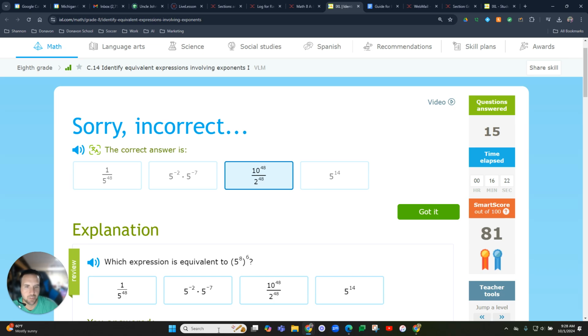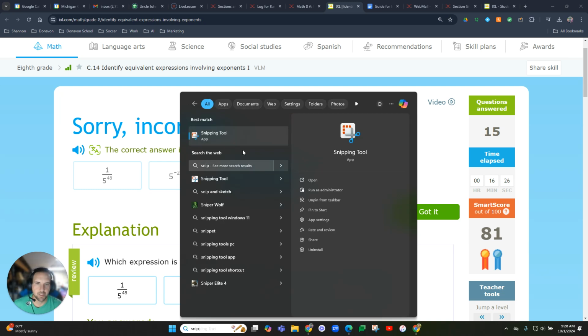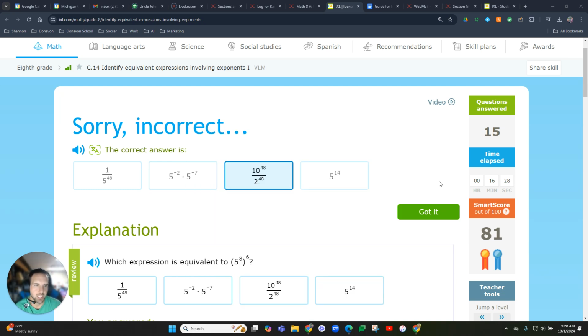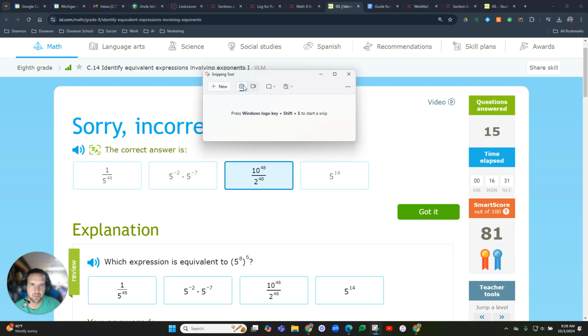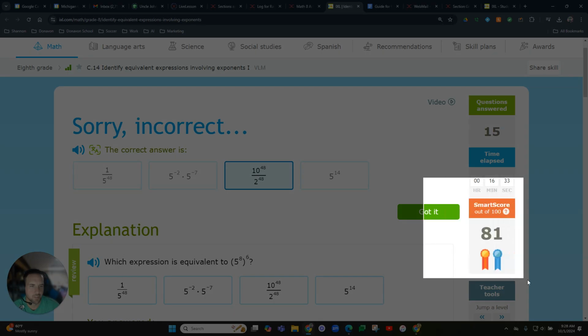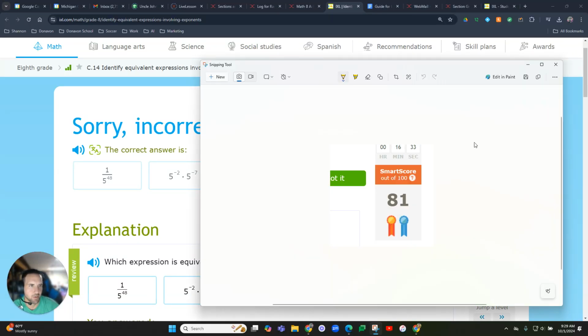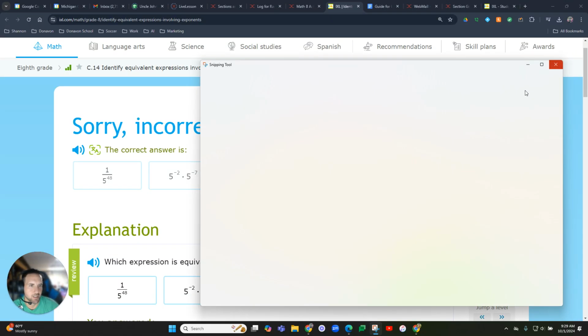I use the snipping tool. If you just type into the search "snip," it'll come up, and the snipping tool will allow you to take a picture of your score. The important part is to make sure you take a picture. I will just be looking it up anyways. I'm going to look up your score when you send that to me anyways.